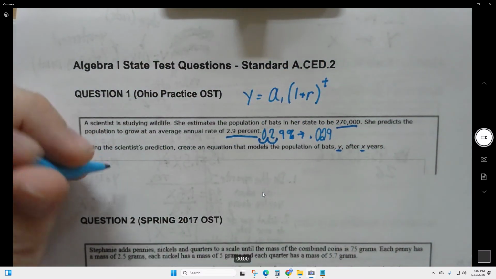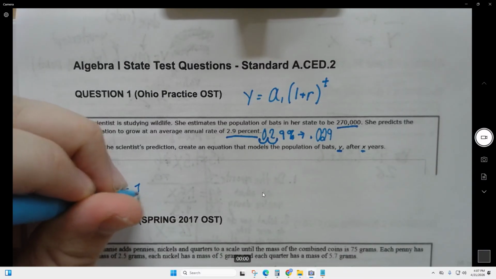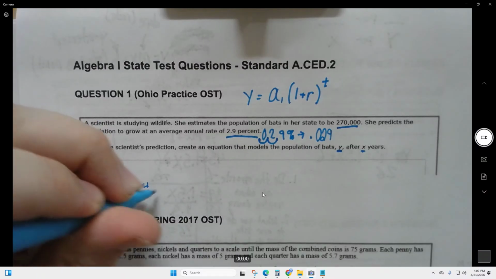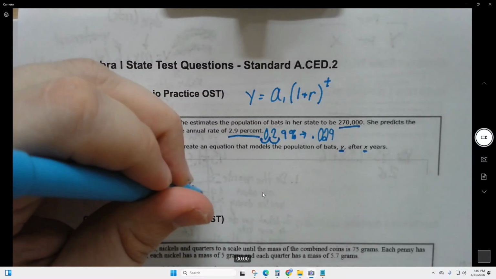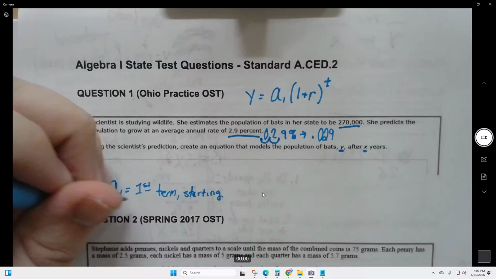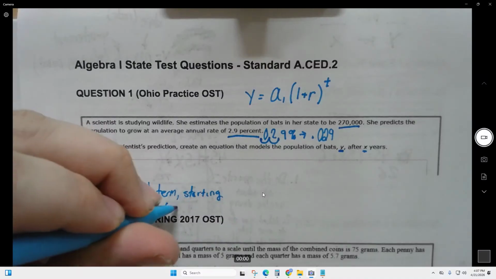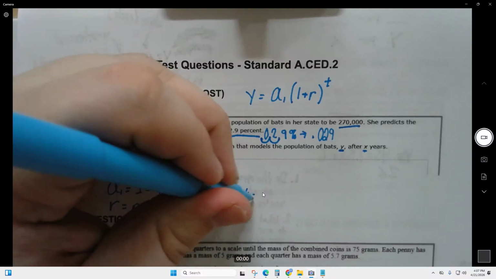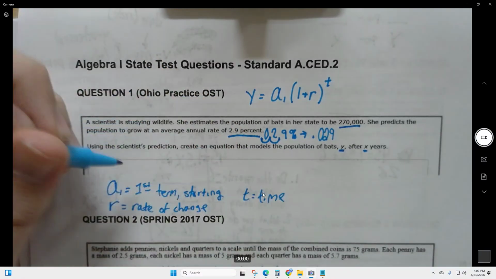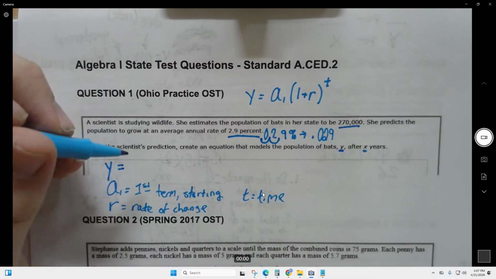So remember what each of these represents. A1 represents the beginning, the first term, the starting value. R represents your rate of change. T represents time.